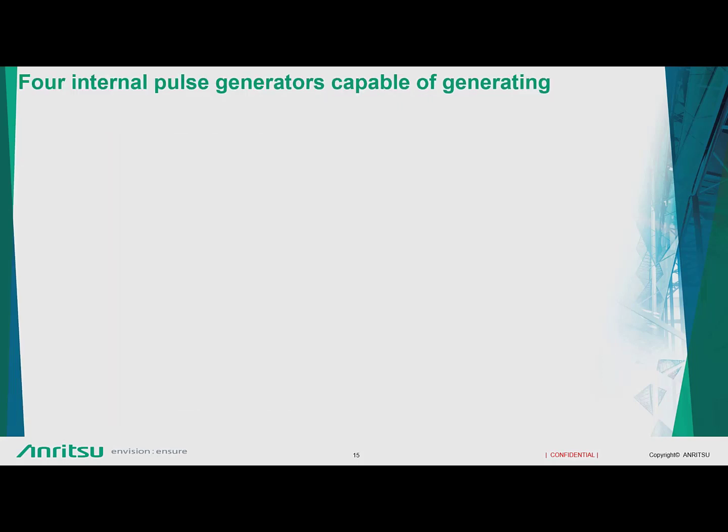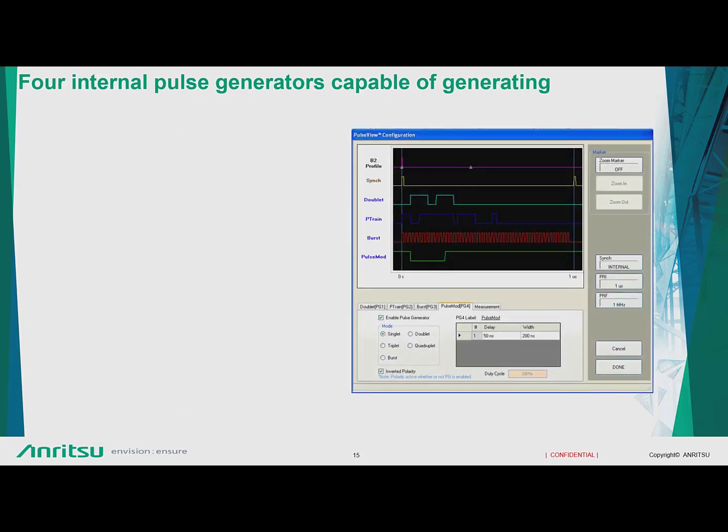So the 4 internal pulse generators are very, very important, and on the right hand side of this slide you can see something called the pulse view configuration. The 4 pulse generators can be used to output any kind of pulse which is required.